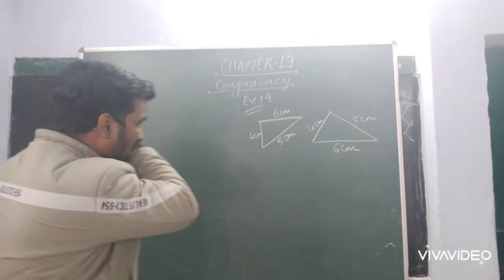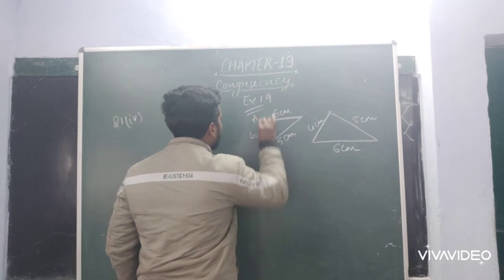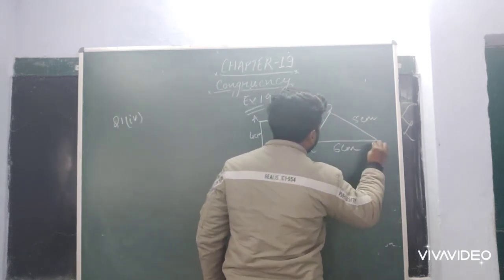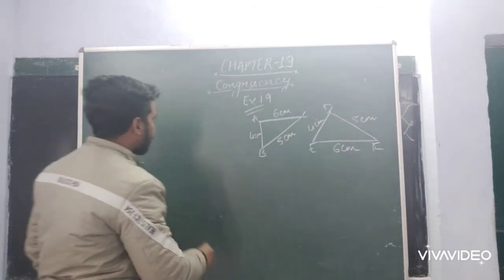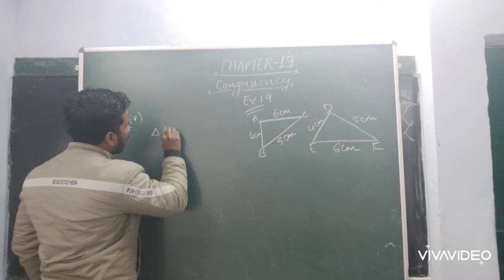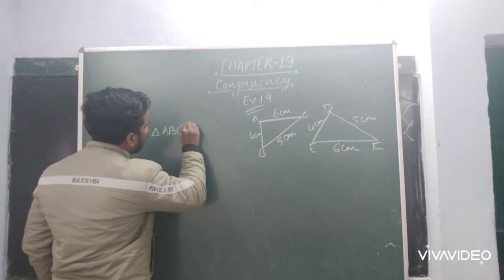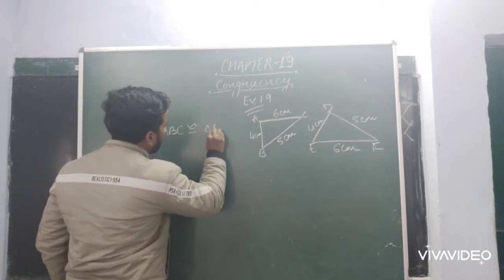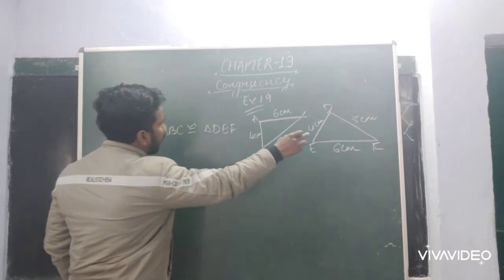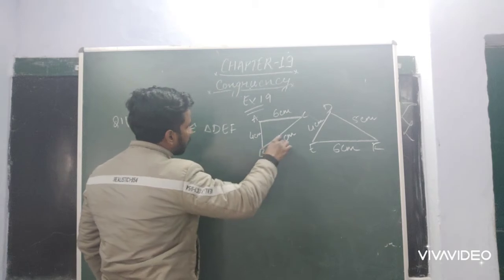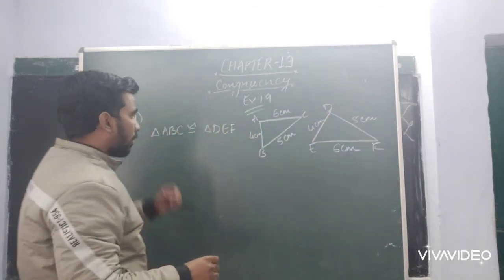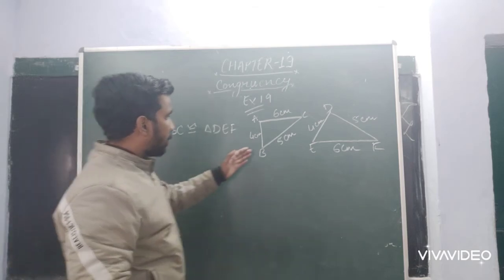So we can say, suppose it as ABC and DEF, that triangle ABC is congruent to triangle DEF. Why? Because the three sides of this triangle and the three sides of this triangle are matching, because they are the same in length.